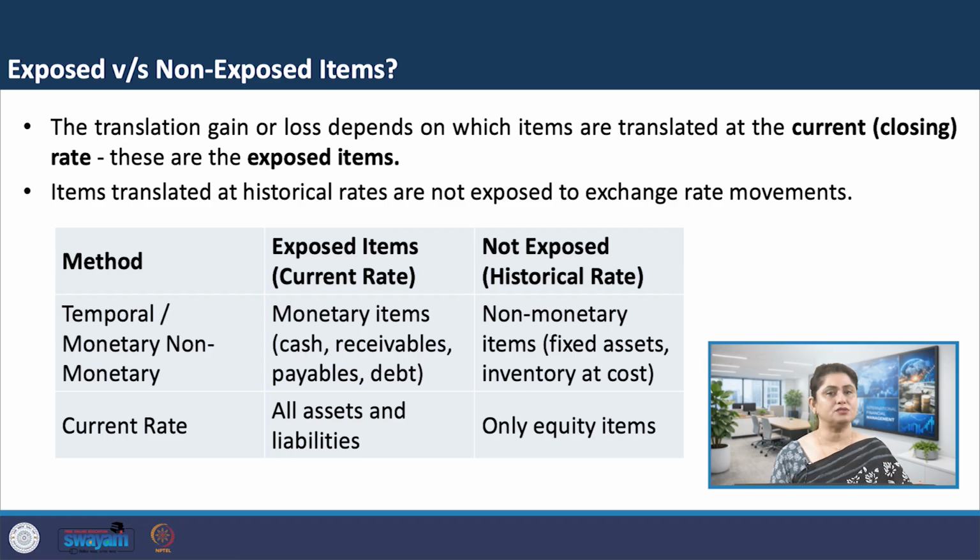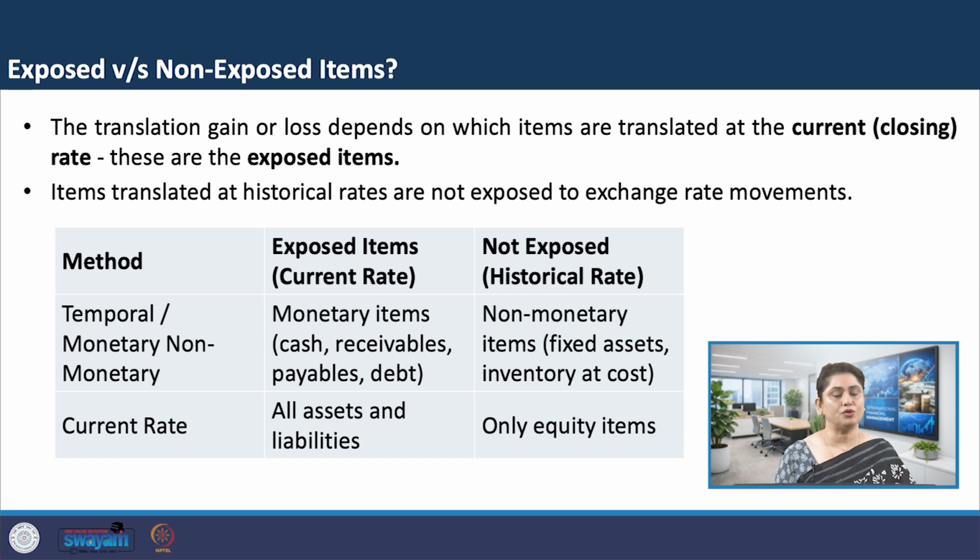For items translated at a current or closing rate, the value in home currency terms changes every time the exchange rate changes. These are the exposed items. For items translated at a historical rate, their home currency value does not change when the exchange rate changes. These are not exposed items.